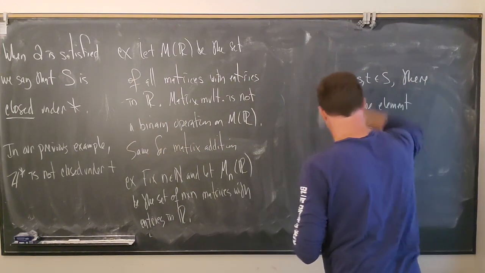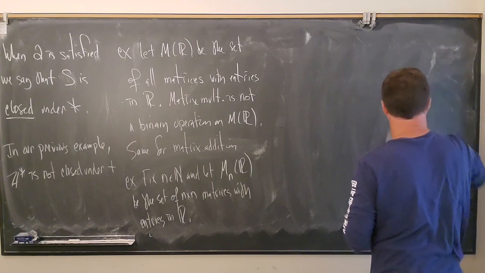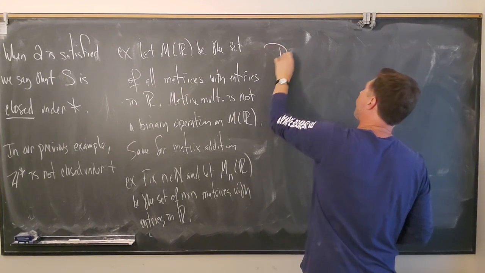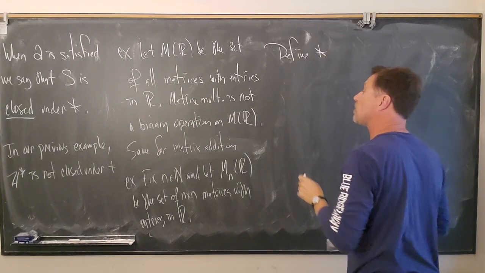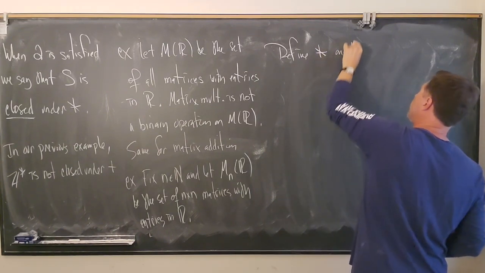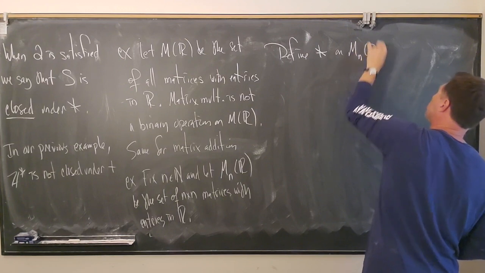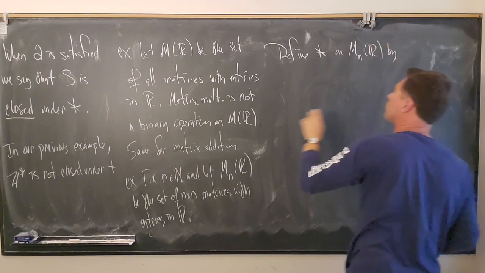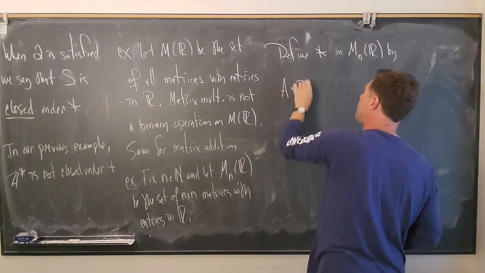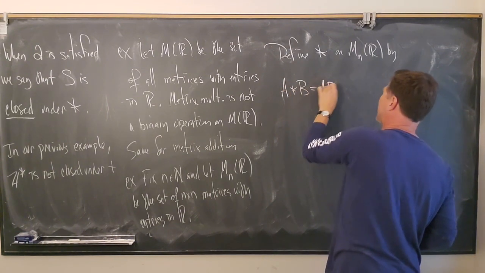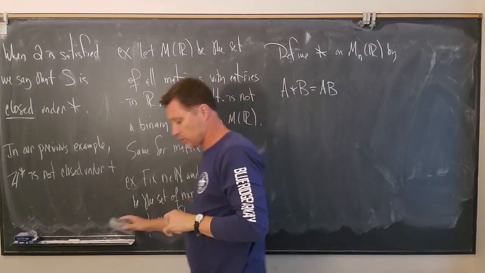Let's define the operation star on M sub n of R by A star B equals A times B. I just want this to be the usual matrix multiplication.